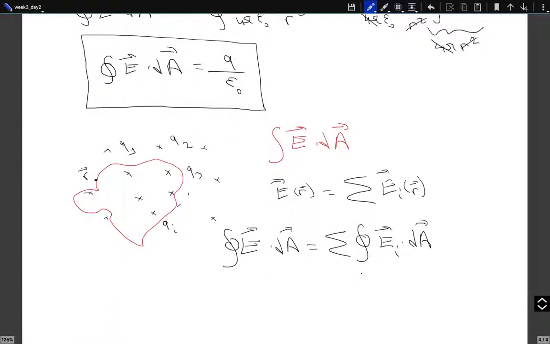So also for this surface, that integral of Ei dot dA should be equal to Qi over epsilon 0 if Qi is inside the surface.